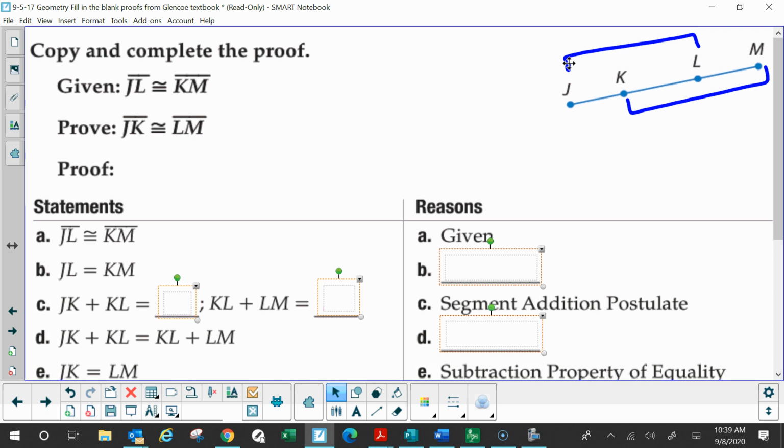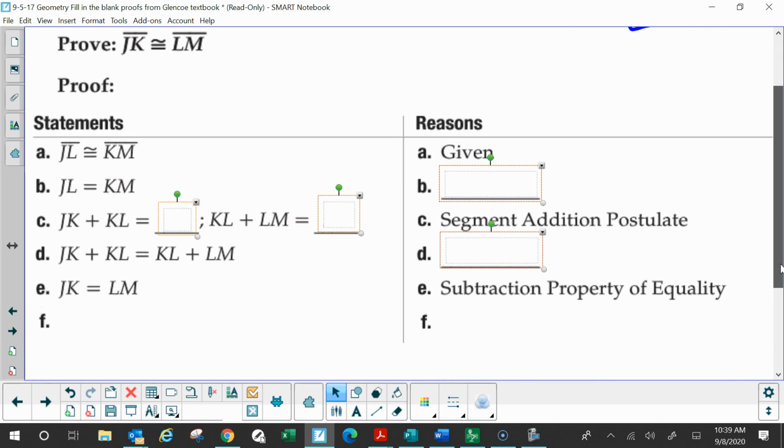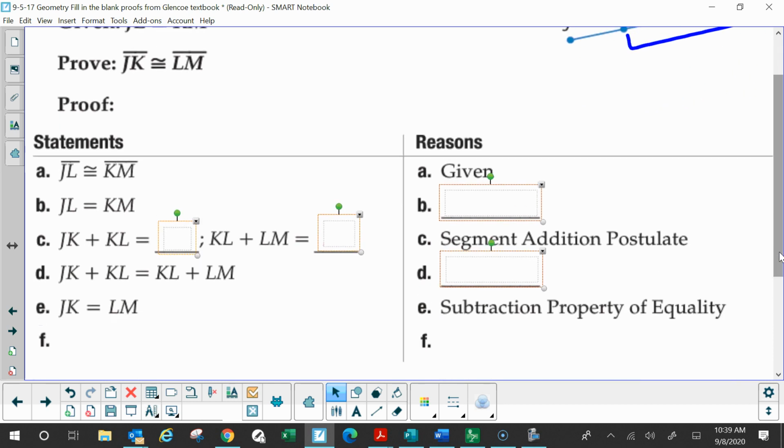Your first statement and first reason are always going to be given. What are we trying to prove? We're trying to prove JK is congruent to LM. So let's go ahead and fill that in for F. Now you know where you're starting and where you're trying to end up.